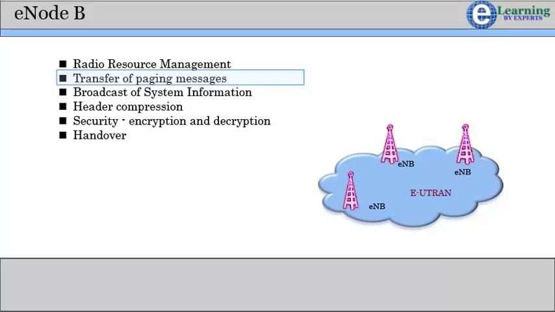Finally, the ENB performs other critical functions including communicating common control channel information over the air, header compression, encryption and decryption of the user data sent over the air, and establishing measurement reporting and triggering criteria. As mentioned earlier, ENBs collaborate with each other over the X2 interface for functions like handover and interference management.